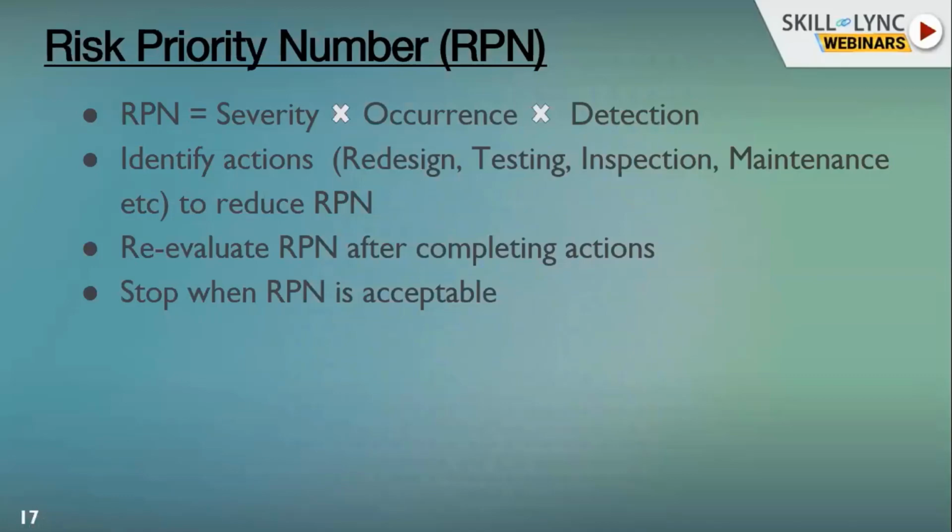Redesign, then you use a lot of quality tools for design for reliability, or you can use house of quality and other things to bring this RPN number down, or look at the possibility of inspection, testing, maintenance. So there are a lot of other types of actions you take to reduce the RPN number of different failure modes.